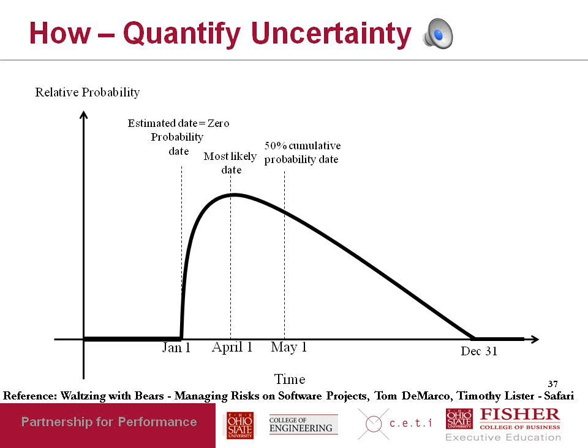As you progress further away from January 1st, let's say February 1st, March 1st, April 1st, May 1st and so on, you will see that the probability that the project will complete during those dates will increase. It'll be more than Jan 1st because you'll have more time. Then as you stretch further and further out into the future, the probability that the project will complete on a date, say December 31st, will become 0.